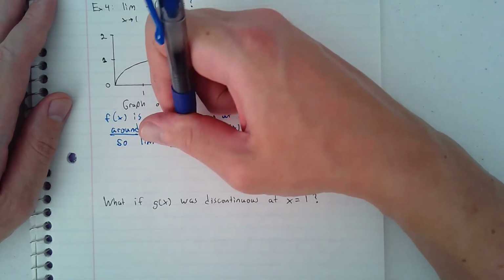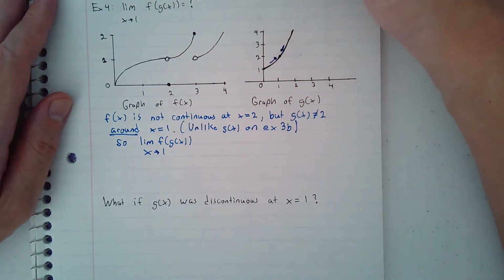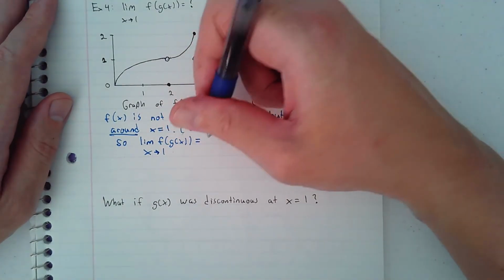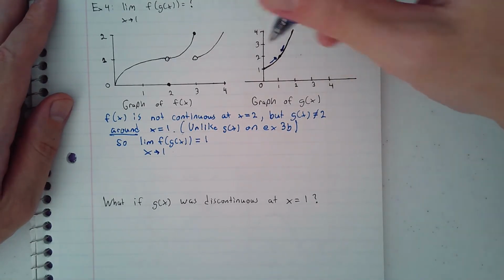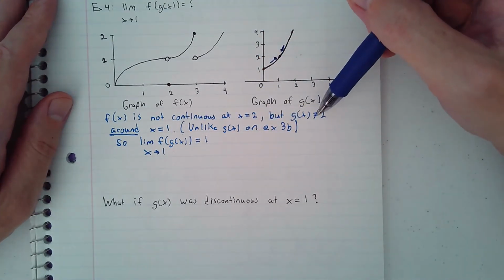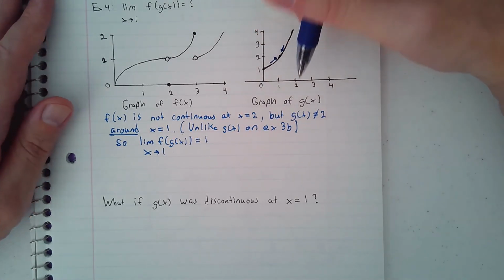So the limit of f of g of x as x approaches 1 is equal to 1. Because around x equals 1, g of x is not equal to 2.